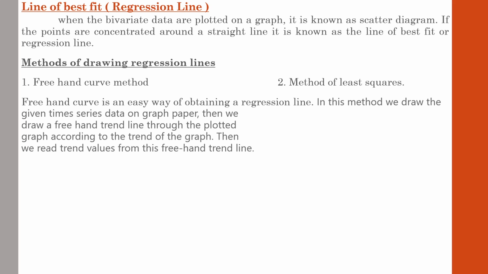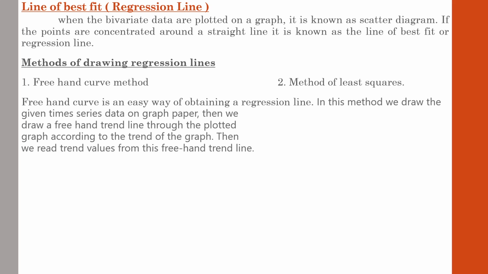Usually original data, when plotted on a graph, gives a wave-like curve, but it depicts a general tendency of the data. The independent variable is taken along the horizontal axis and the dependent variable along the vertical axis. We draw a smooth freehand line in such a way that it clearly indicates the tendency of the original data.